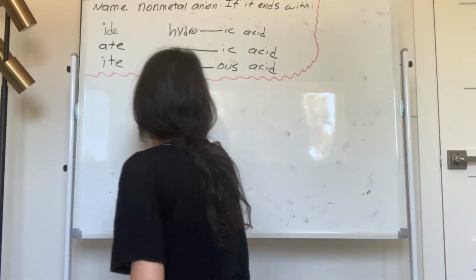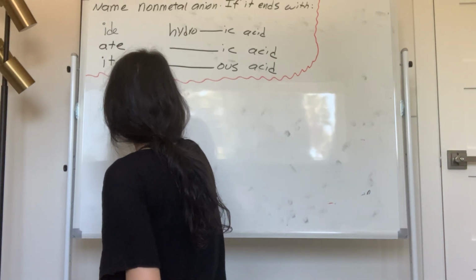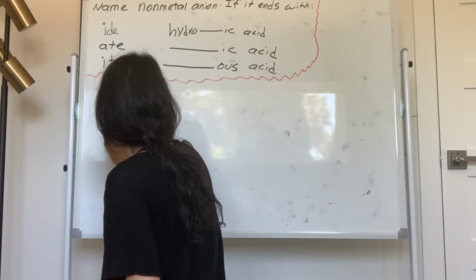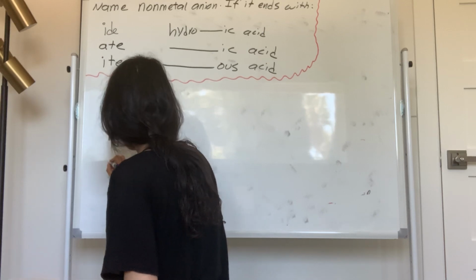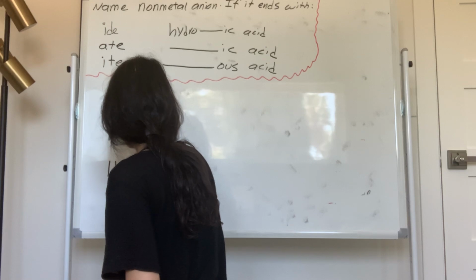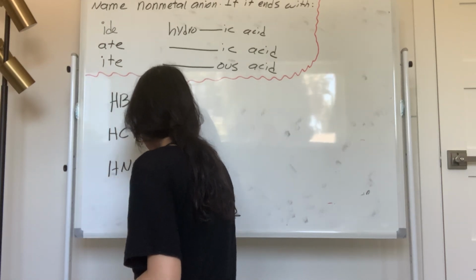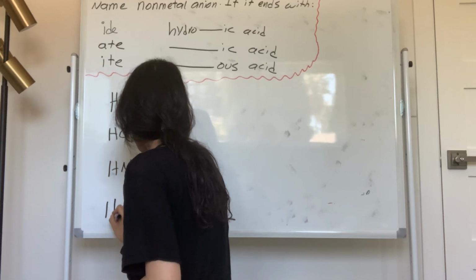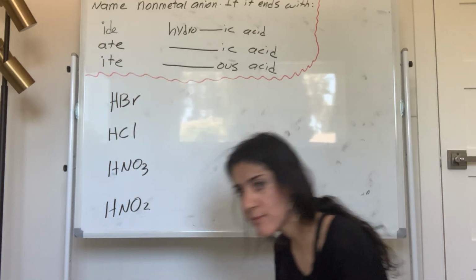So I'm going to write down these acids. Write them on top of each other for me. HBr, HCl, HNO3, and then HNO2. We're going to name these together.